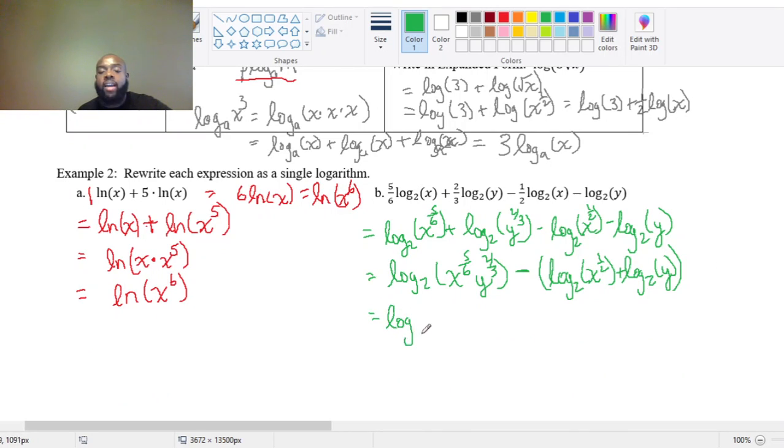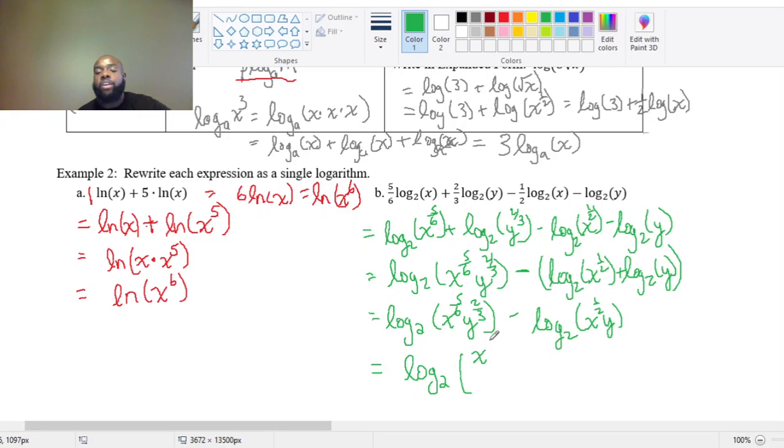So that would be log at base 2 of x to the 5/6 y to the 2/3 minus a single log expression, but both of these are going to be multiplied in the argument, or the input, of our logarithm now. And now that I have a single subtraction, I can use my quotient rule and write one single logarithm. My numerator is going to be x to the 5/6 y to the 2/3 divided by x to the 1/2 y.